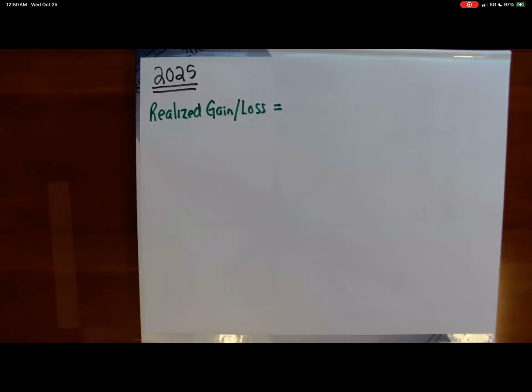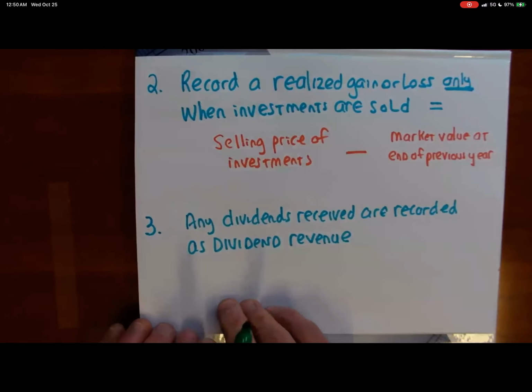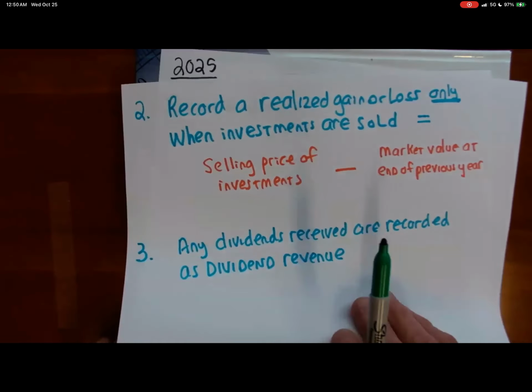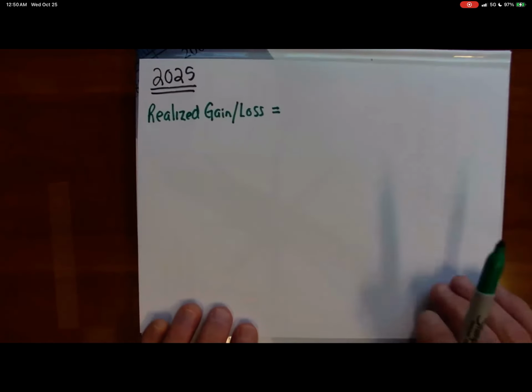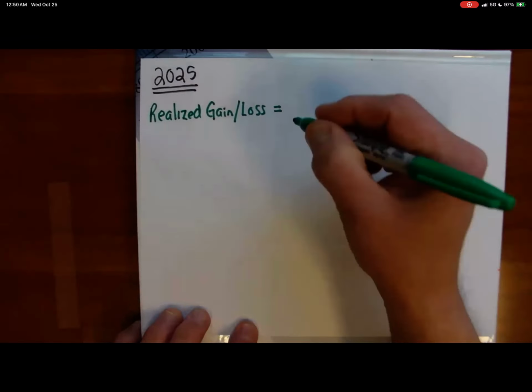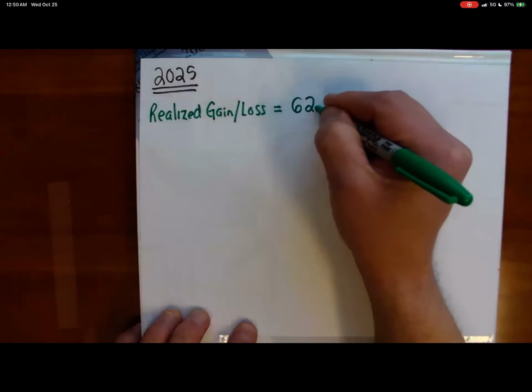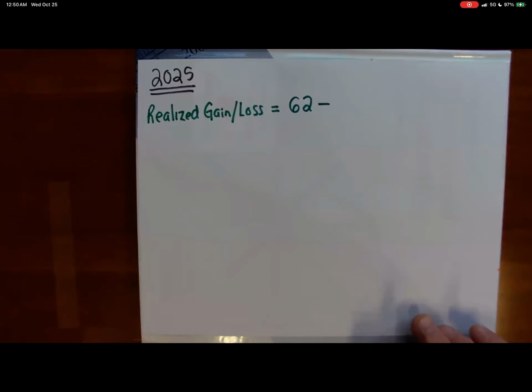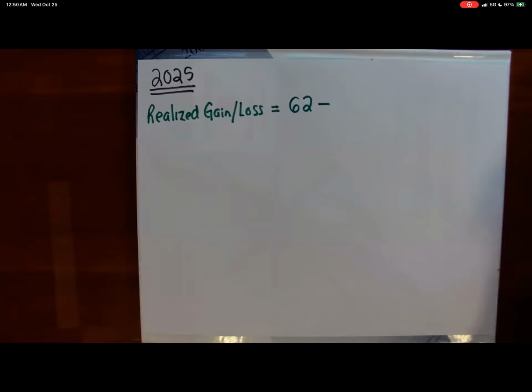All right. So we're going to take the selling price of the investments. And we are told at September 4th, they were sold for $62 a share. Matthew, what are you going to subtract from that? You'll subtract the $56 per share. Say it again. Or wait, no, $53 per share. That sounds like a better answer.